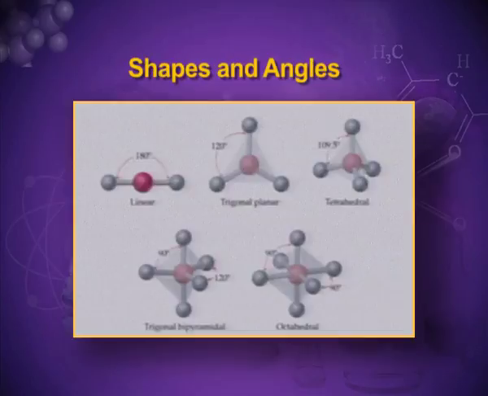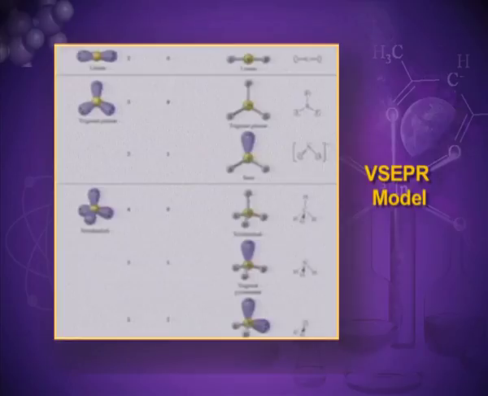These were the major ideal shapes: linear, trigonal planar, tetrahedral, trigonal bipyramidal and octahedral. These are all ideal shapes, and whenever there is a lone pair, these ideal shapes are distorted and the bond angles are also distorted. This is the summary of the valence shell electron pair repulsion model.